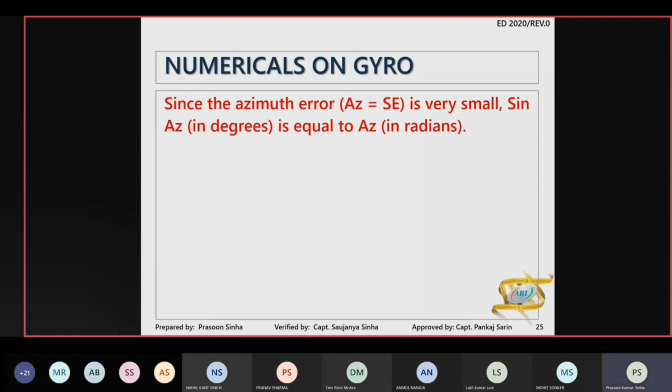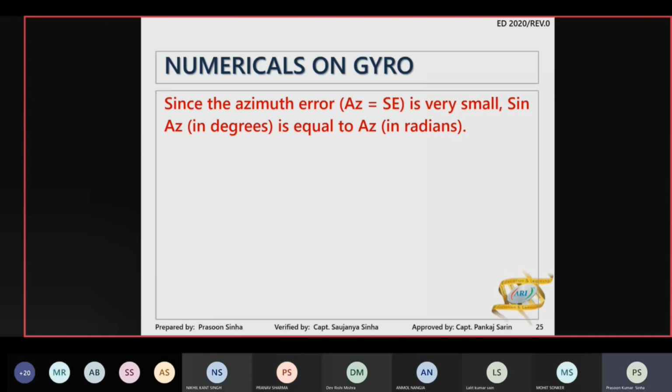Let us say that the steaming error is 1 degree. 0.0174. So that is in radians. The 0.01-something that you have said is the azimuth error in radians.